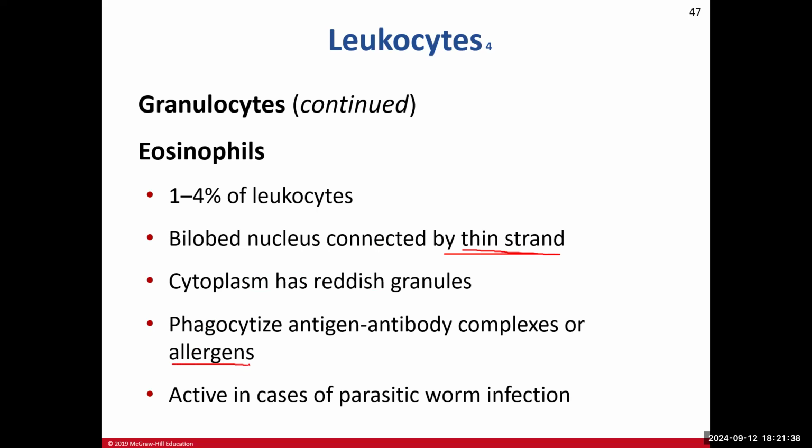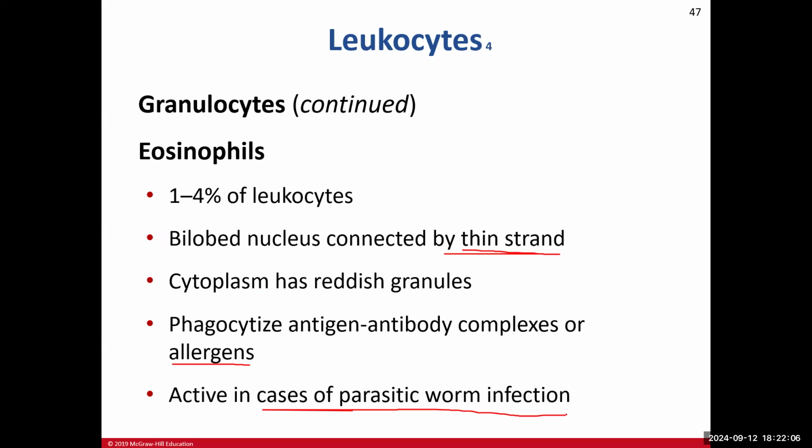But also you want to think, this doesn't happen too often, but parasitic worm infection. That's if the patient says, hey, I was traveling in Brazil for a month, and they come back with some sort of infection. You look at their blood draw, and they have an elevated eosinophil count. Then you would think, all right, probably they picked up some sort of parasitic worm infection.